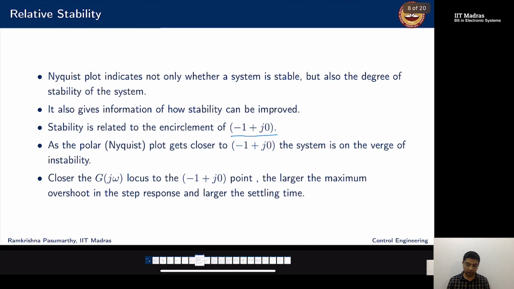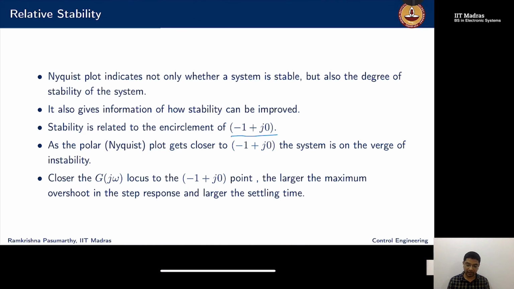Okay, so the closer I am to the point -1 plus j0, of course, the closer I am to the imaginary axis in the time domain. Closer to the imaginary axis, lesser is the zeta, larger is the overshoot.